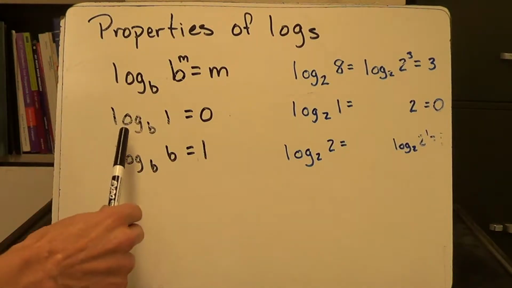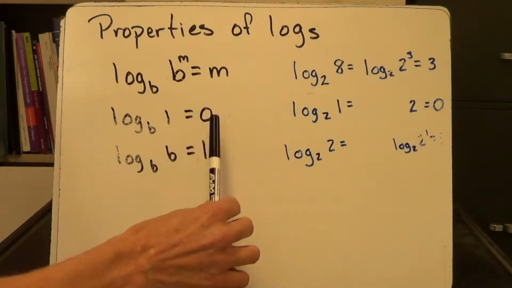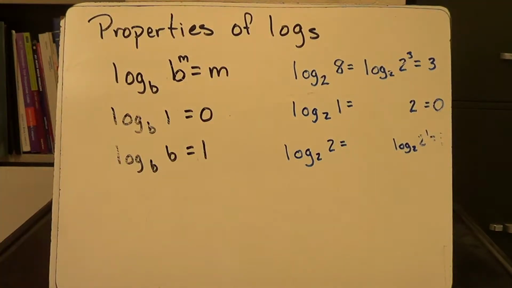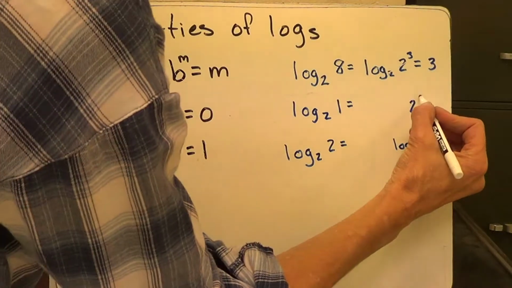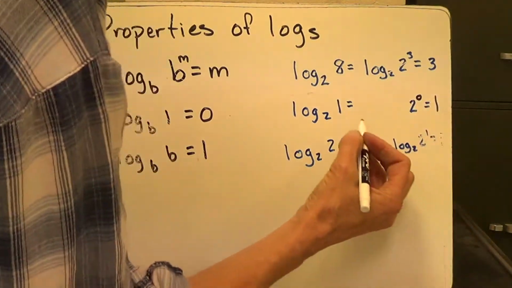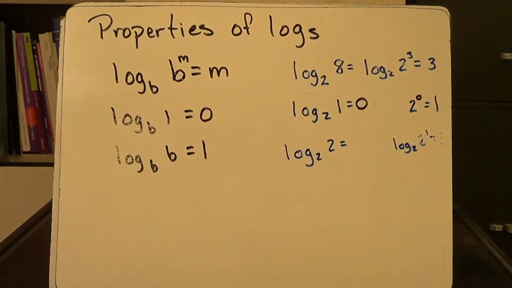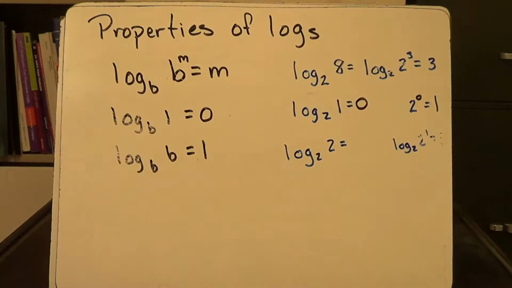Next one, if you have log of 1, any base, you know that it's 0, because anything raised to the 0th power equals 1. So that's why that would equal 0. No matter what the base is, if it's got a 1 there, it's going to be equal to 0.